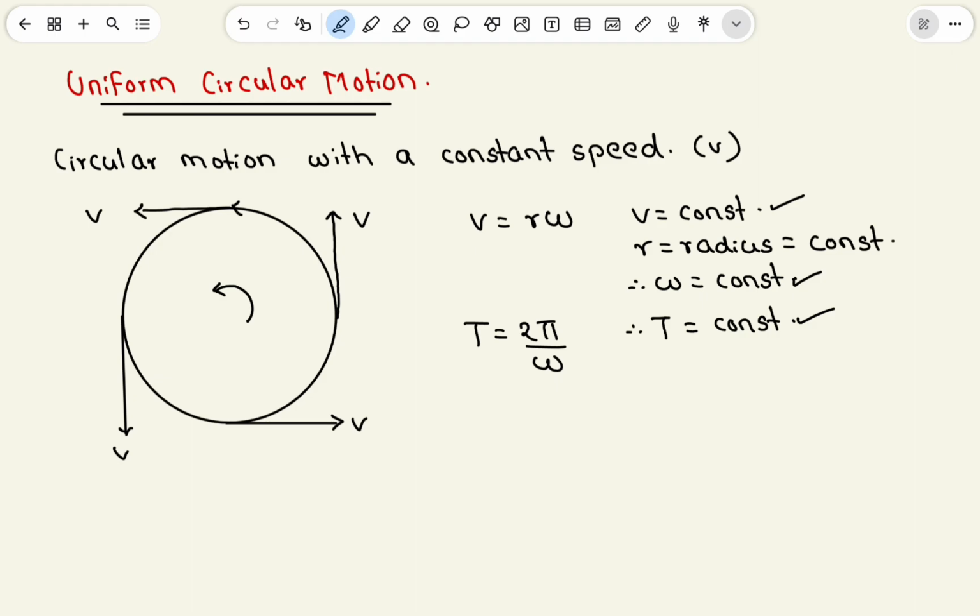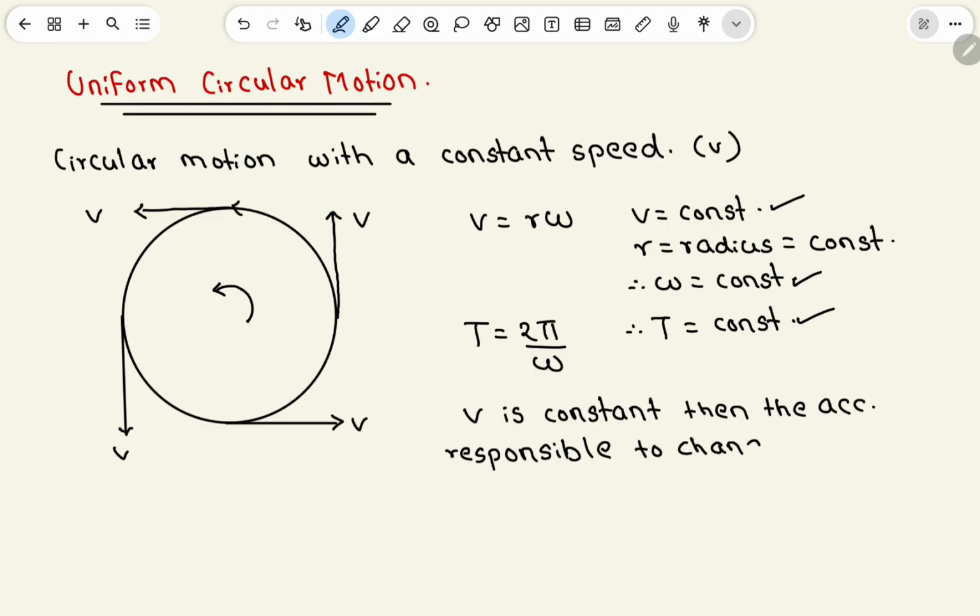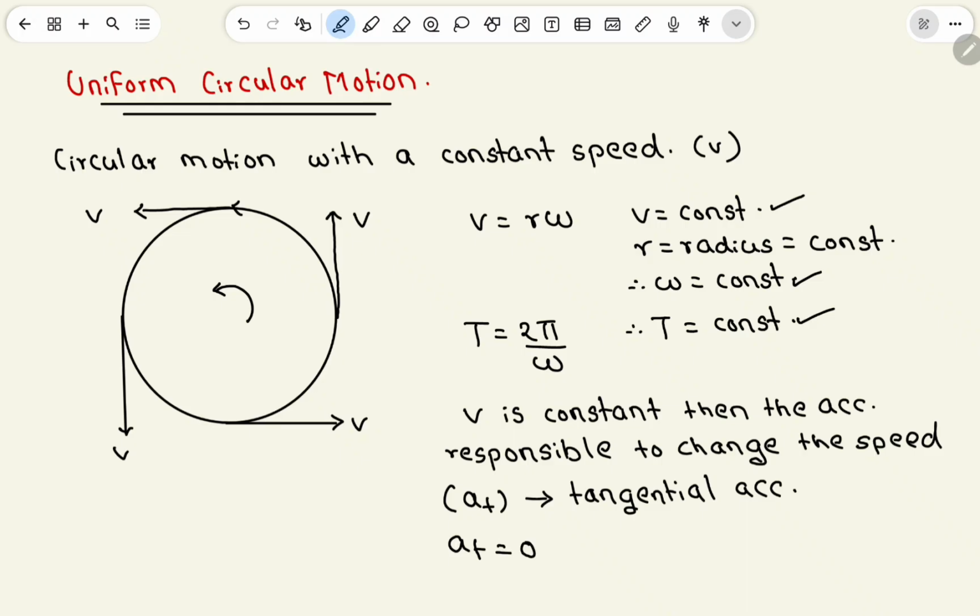Now, when we say that the speed v is constant, then the acceleration responsible to change the speed, which is a_t, we call it tangential acceleration, must be equal to 0.